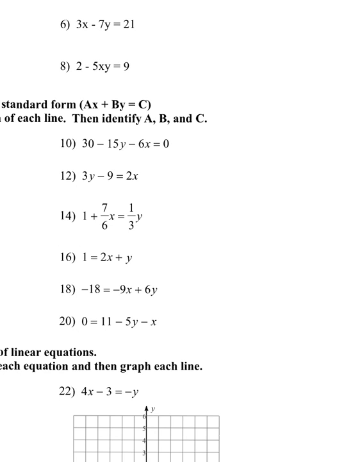If you notice, the two denominators we're dealing with are 6 and 3. So you want to think of something that both of those go into, which would be 6. So we're going to multiply the whole equation by 6. So we're going to go times 6, and times 6. Now, if we do the 1 times 6 right here, that will be 6.